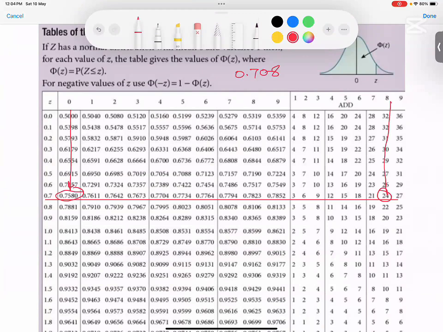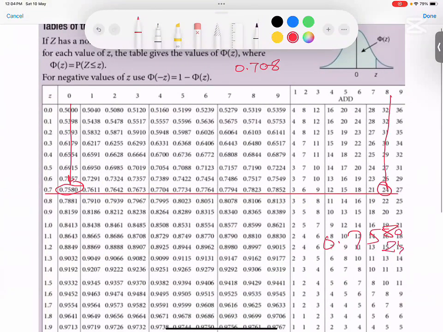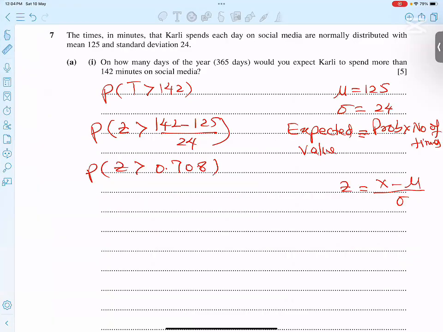So 0.7580 and 24 I just add, so 0.7604. Let me check again, 0.7604, correct.